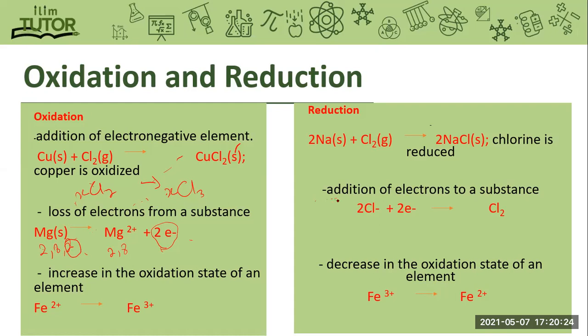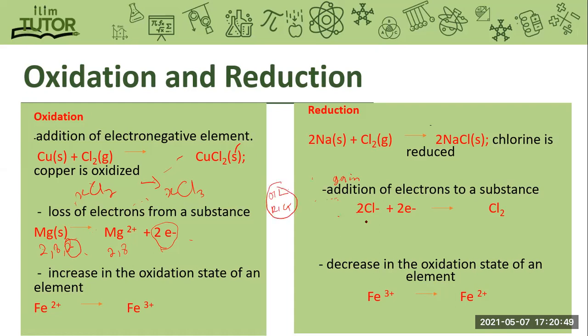In terms of reduction, we can say that when there is addition of electron or gain of electron, remember OIL RIG, oxidation is loss, reduction is gain. So instead I'm saying addition or I'm saying gain. All right.